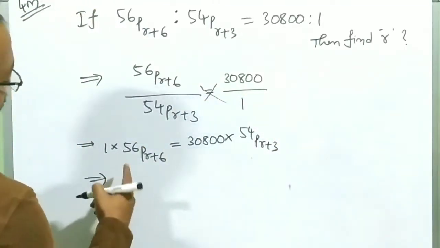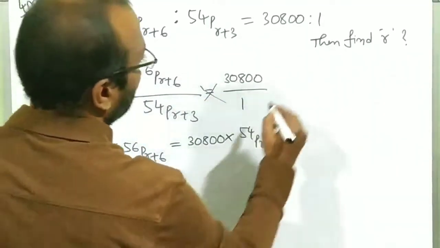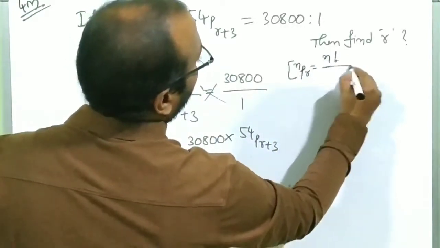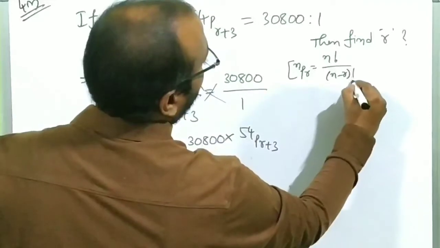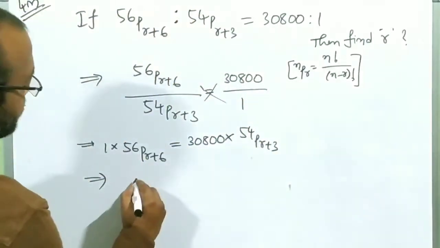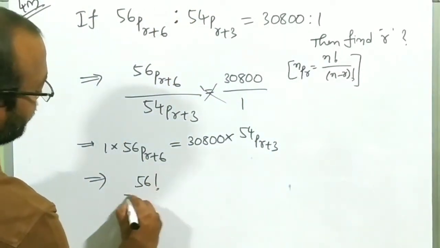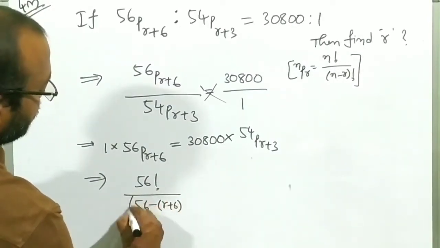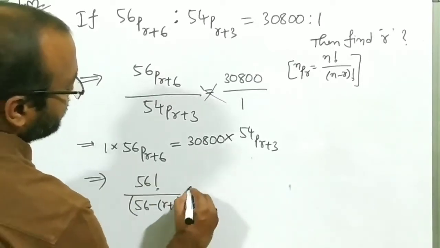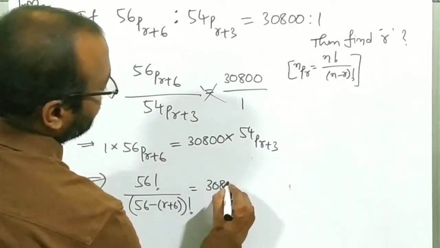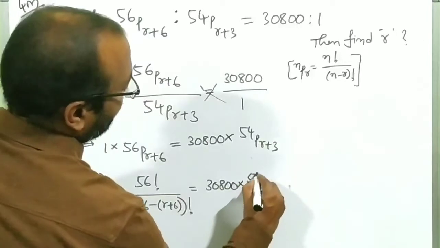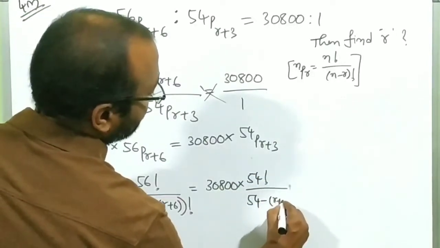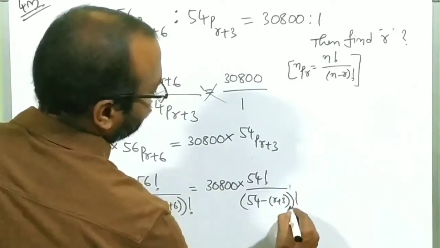According to the formula of nPr, how can you write nPr? nPr is equal to n factorial by (n minus r) factorial. So we write this as 56 factorial by (56 minus r plus 6) factorial, which is equal to 30,800 into 54 factorial by (54 minus r plus 3) factorial.